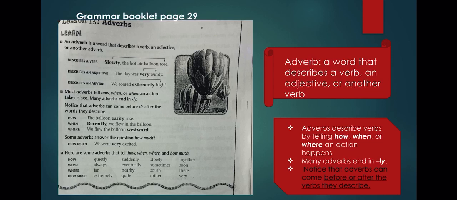When: Recently we flew in the balloon. When did we fly in the balloon? Recently. So recently tells you a time. Where: We flew the balloon westward. Where did we fly the balloon? Westward.